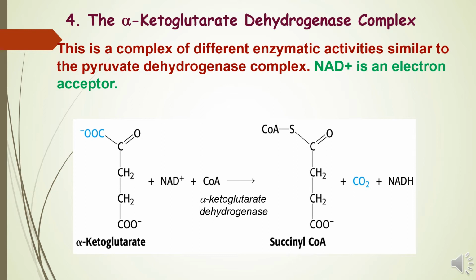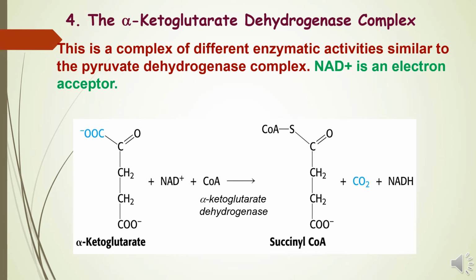The next step of citric acid cycle is conversion of alpha-ketoglutarate, the 5-membered carbon compound, into a 4-membered carbon compound, which is Succinyl-CoA, catalyzed by alpha-ketoglutarate dehydrogenase complex.